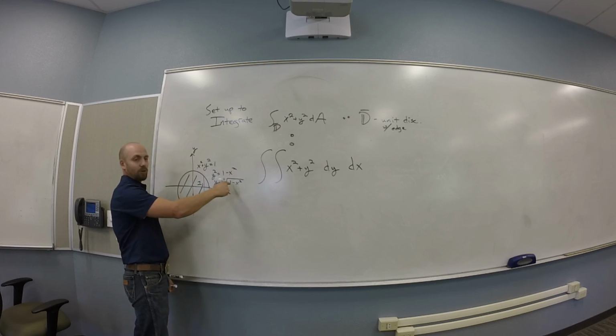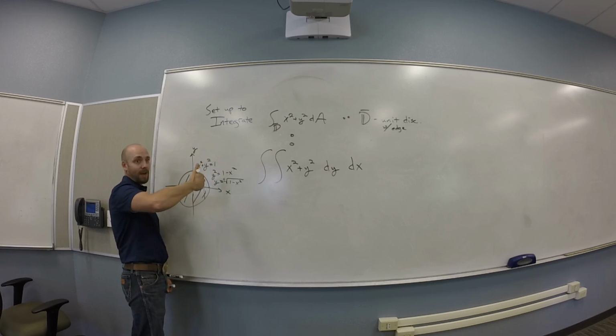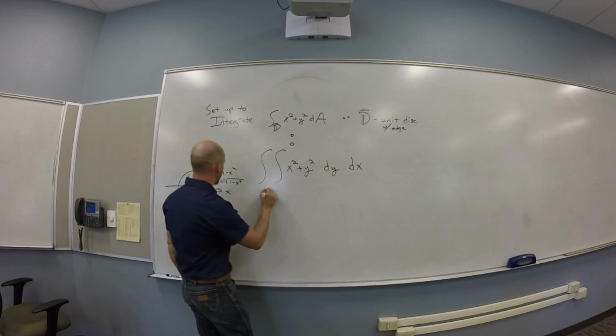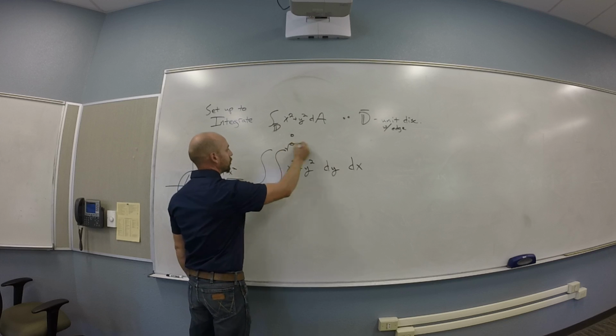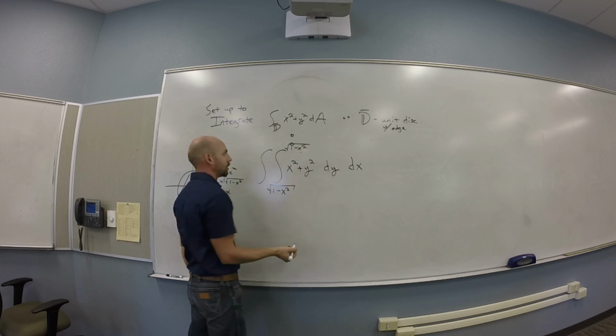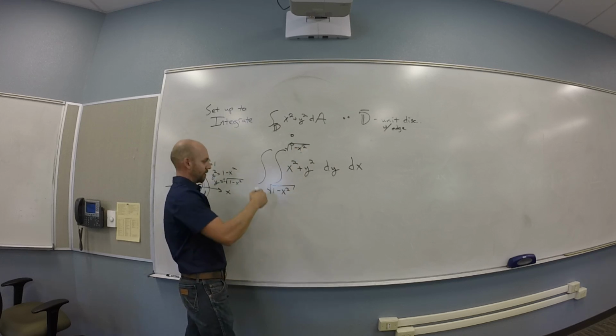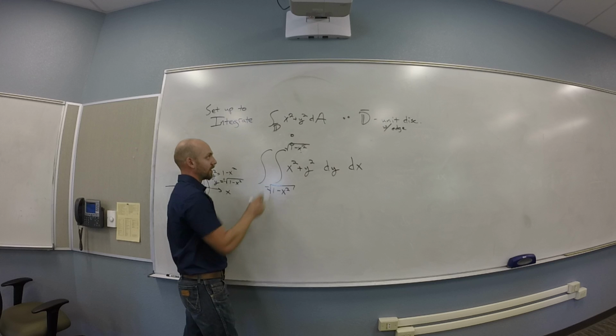Because the minus root of 1 minus x squared is the bottom half, and the plus is the top half. So I want to go from minus the square root of 1 minus x squared to the square root of 1 minus x squared. The bottom one needs a negative sign.